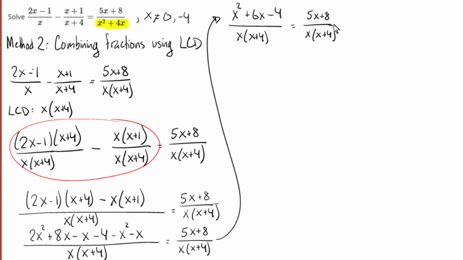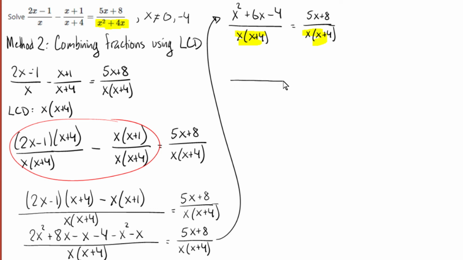Okay. In the next step, I'm going to subtract the entire right-hand side from both sides. Essentially, we're going to move everything over to the left so that it equals 0. Now, the denominators are the same. And as I subtract this quotient from the right-hand side, I'm going to subtract it from the left-hand side. But at the same time, I'm going to put this on a common division line since the denominators are the same.